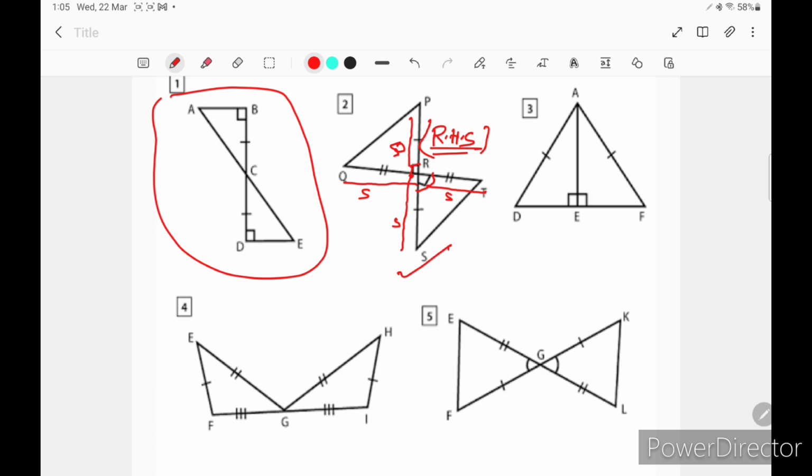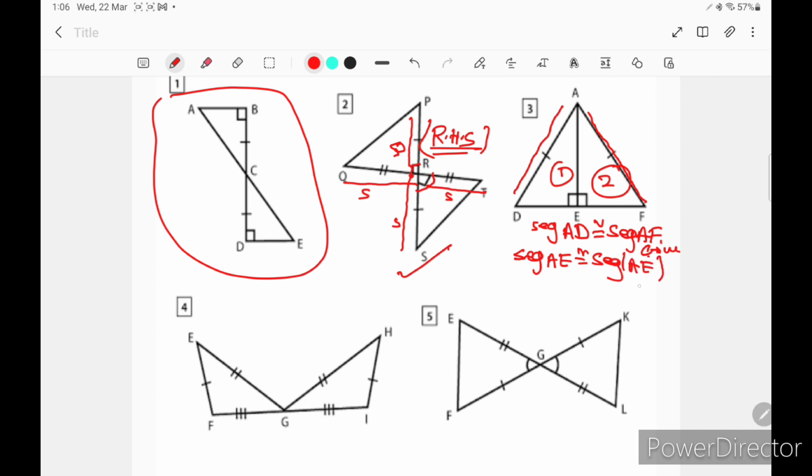Next question is question number 3. First of all, how many triangles are there? You have to recognize and find out the names of the triangles. First and second, triangle ADE and triangle AFE. What is given? Segment AD is equal to segment AF. Next, AE is common. How to write? Segment AD is congruent to segment AF, given. Next, segment AE is congruent to segment AE, that is your common.